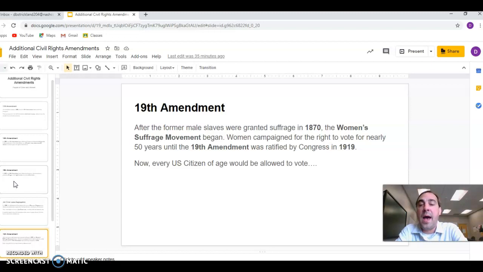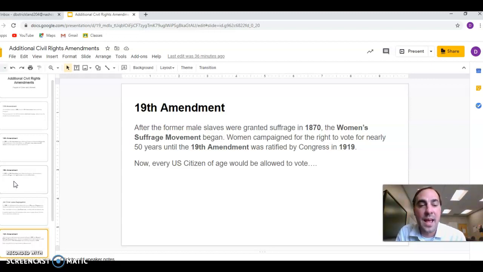Now, I'm going to go back to 1870. That was when former male slaves were granted suffrage, but that's also the year that the women's suffrage movement began. Women began to think that if a male slave was given the right to vote, why shouldn't women be given the right to vote?